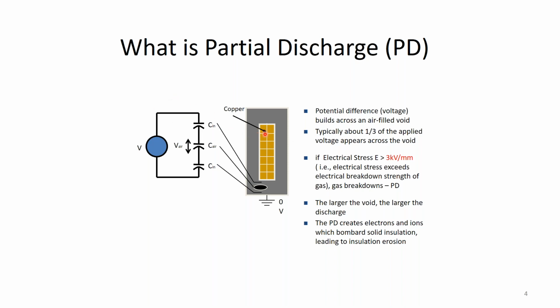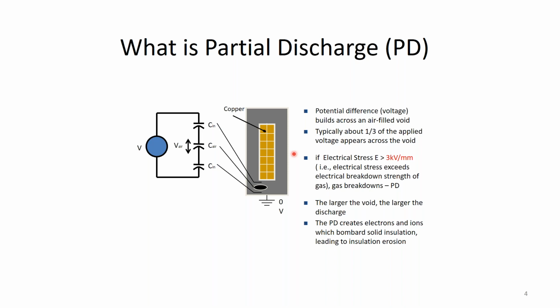As we'll see a little bit later, if you have a perfectly manufactured winding with only the copper conductors and perfectly made ground wall insulation, and that coil insulation surface is in perfect contact with the stator core in this region here, there will be no partial discharges, just like there's normally no partial discharges on high voltage cables.